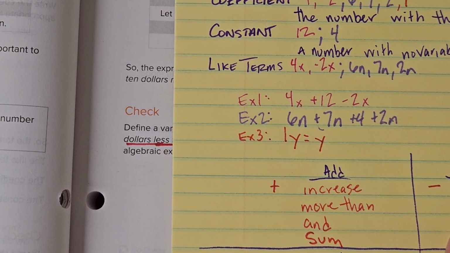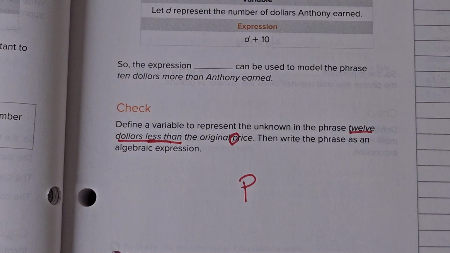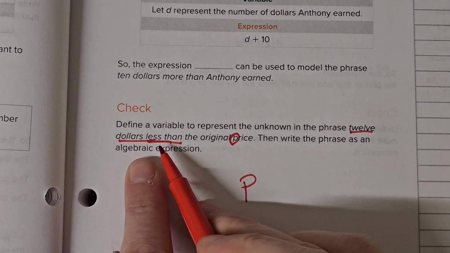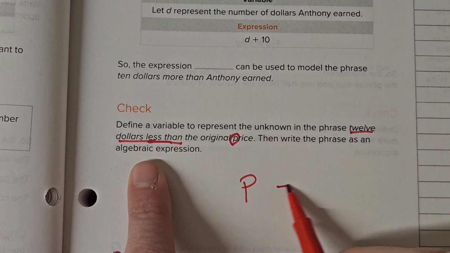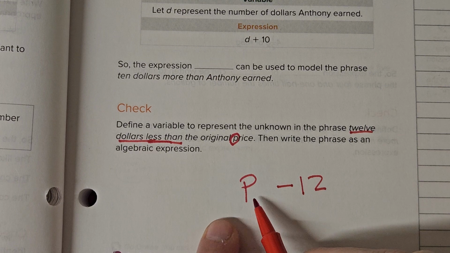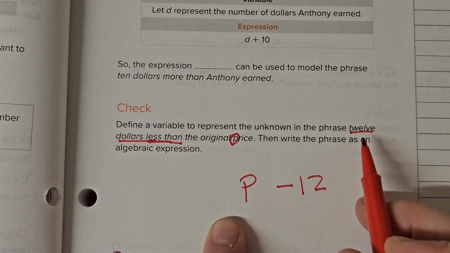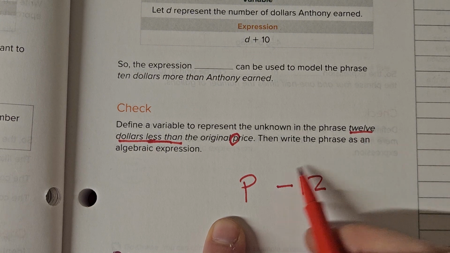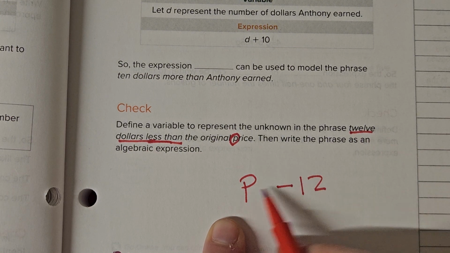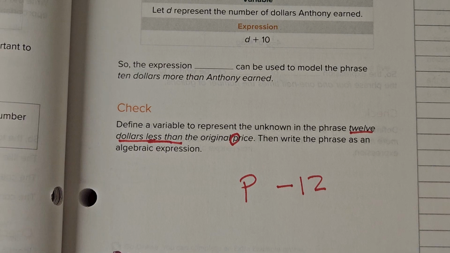Less than means to subtract. So less than means we have to subtract 12. If you're going to subtract 12, you have to subtract it from something. So that's why the P came first, even though the word 12 came first. Because it's 12 less than P, which means 12 has to be less than something. I told you it was going to be tricky.